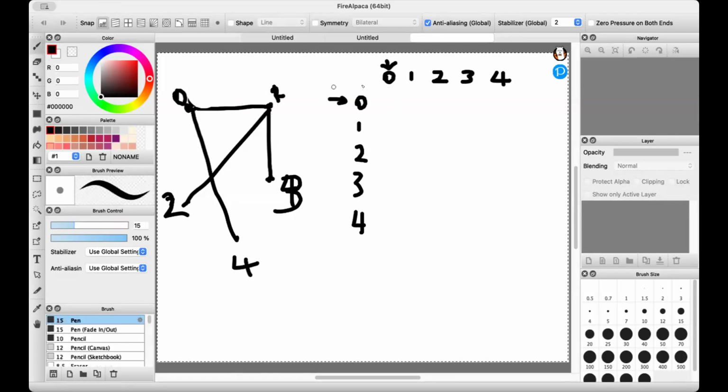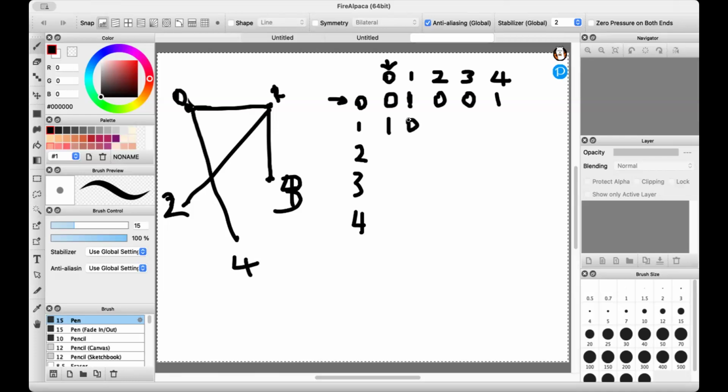Since there's no loop connecting 0 to 0, you put 0 here. Since there is an edge connecting 0 to 1, you put a 1 here. 0 to 2, nothing. 0 to 3, nothing. 0 to 4, yes. Same here. If there's an edge connecting 1 to 0, you should put a 1 here, even though you already put 1 here, because for a simple undirected graph, this is going to be symmetric.